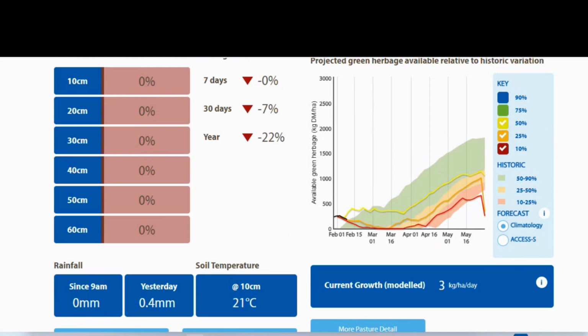The other thing we have is 2 buttons. At present, this is climatology. So this is using past historical weather data to generate this potential future growth. If I click on the Access button, Access is the program the Bureau of Met uses to generate seasonal forecasts.